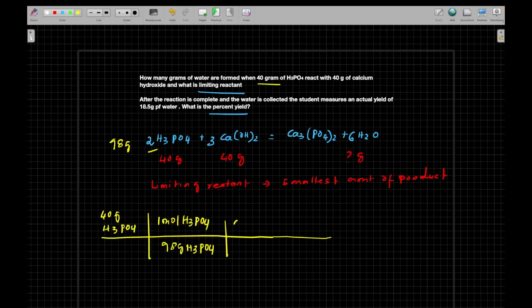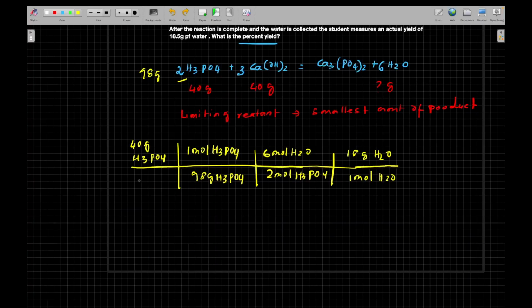So, 6 mole of water is produced from 2 mole of H3PO4, or phosphoric acid. We need the gram information of water, so we convert the mole information of water with its molecular weight.